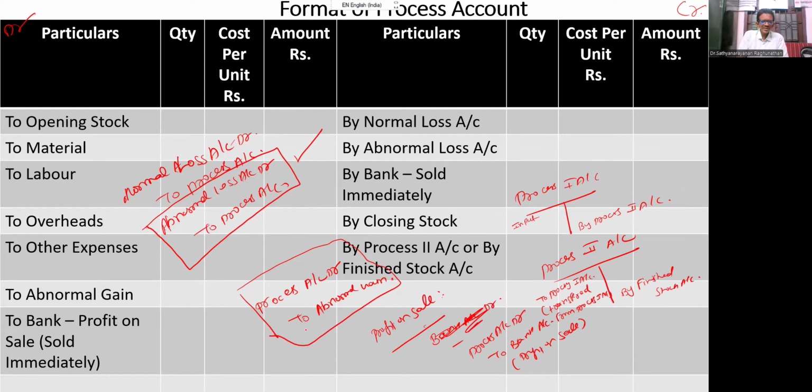If there is any loss on sale, the entry will be bank account debit to process account, loss on sale. Please take this into consideration. So this is the proper format of the process account. Please take this into consideration.